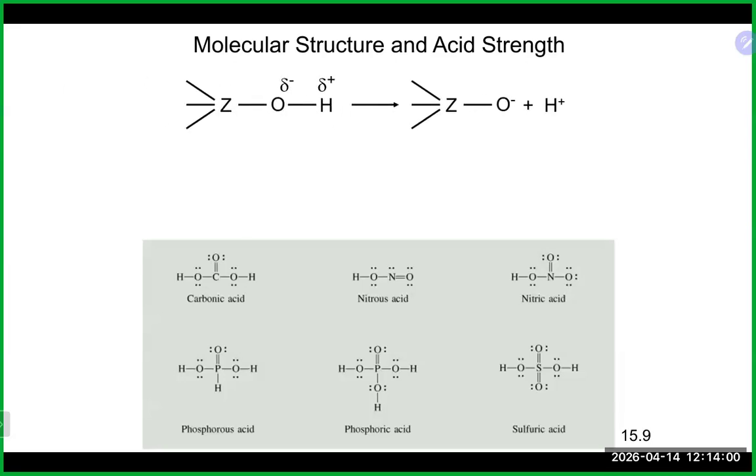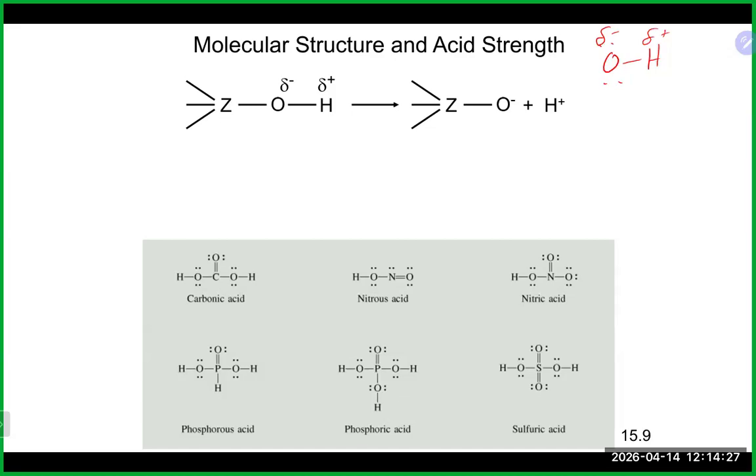When we look at an acid that contains oxygen, which is an oxyacid, most of those oxyacids will have this bond. And this bond right here, the OH bond, is a polar bond, as you may remember from bonding, where the oxygen is more negatively charged and the hydrogen is more positively charged because of the difference in electronegativity.